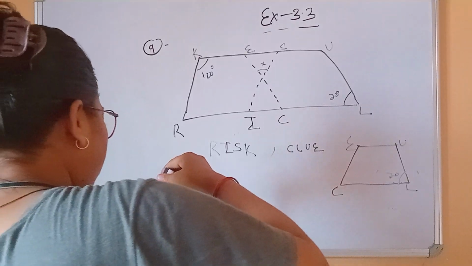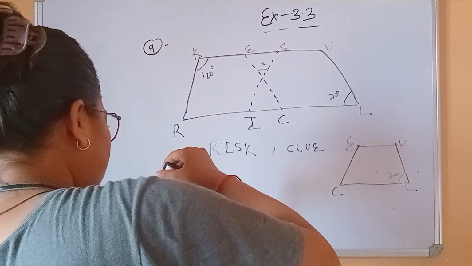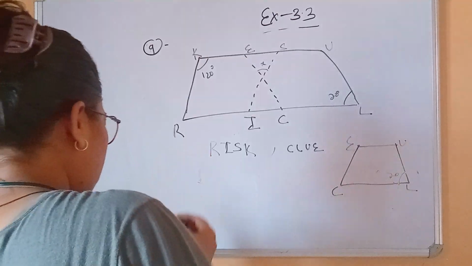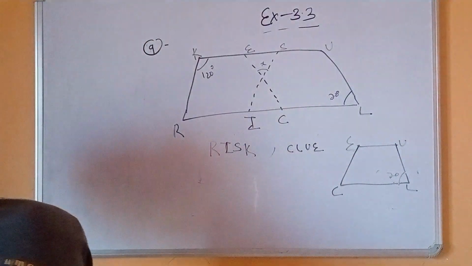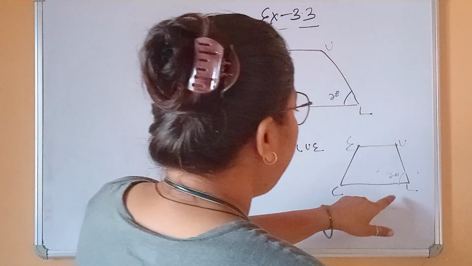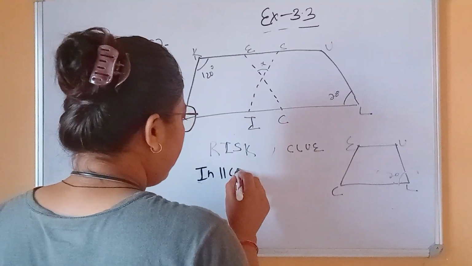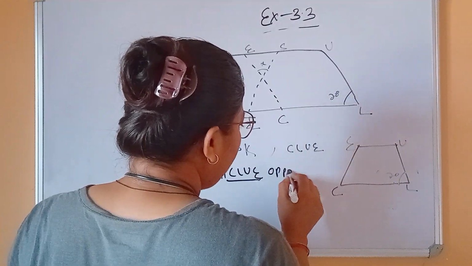So one by one we apply parallelogram property, then we find angle X. Okay. So first what we write? So first we write CLUE. So here if you say L is 70 degree, then E is also 70 degree. So in parallelogram CLUE, opposite angle are equal.